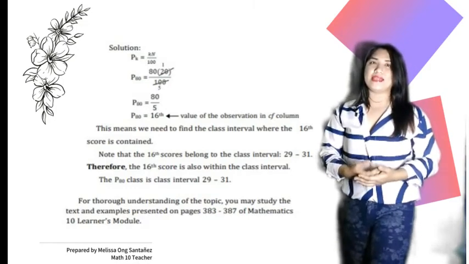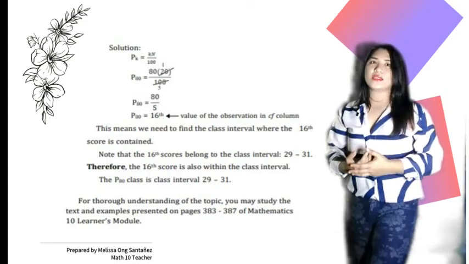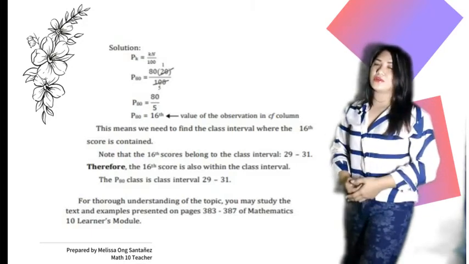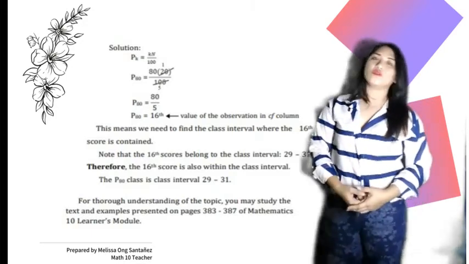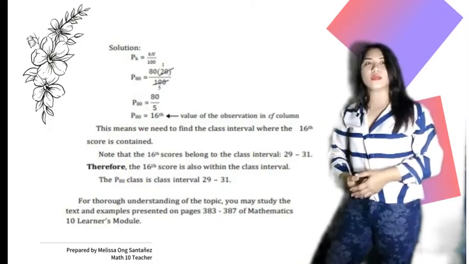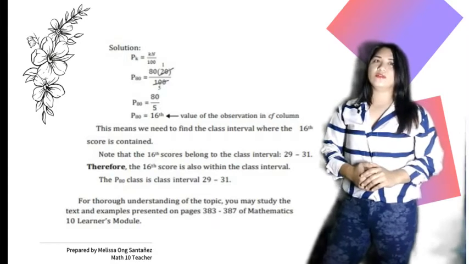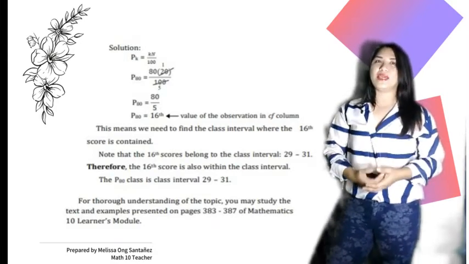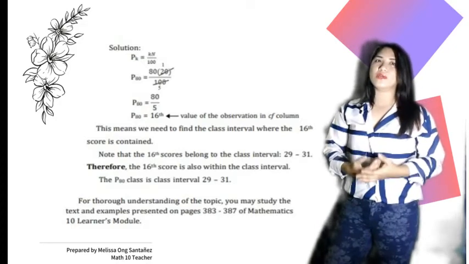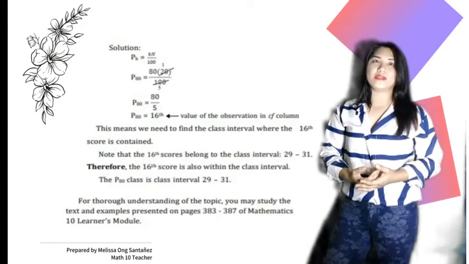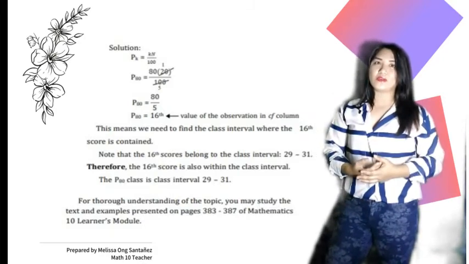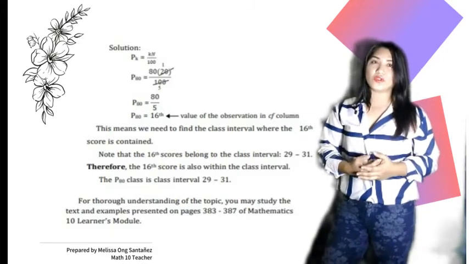So P80 is equal to 80 times 20 over 100, where N is still the total number of observations, which is 20. That will give you the 16th value of the distribution.